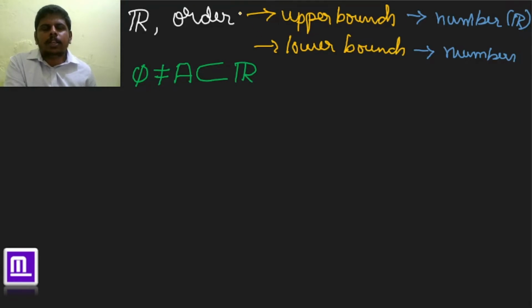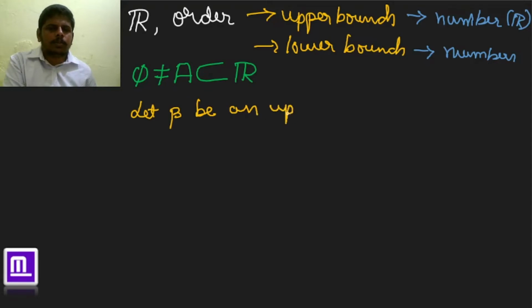Then let us look at that upper bound in terms of cuts. Okay. So let beta be an upper bound of A with respect to R.